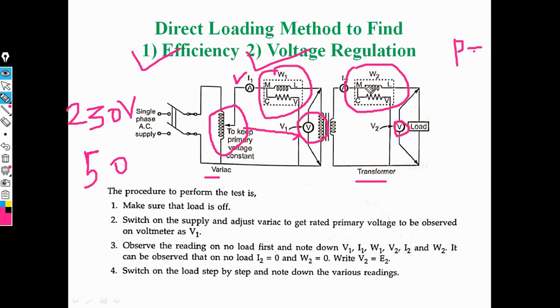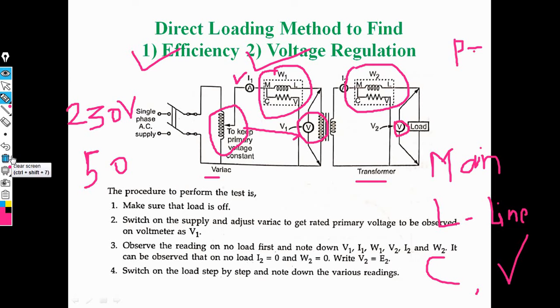Okay, now M indicates main supply, then L indicates line. Then C indicates current and V indicates voltage. These are the important four parameters of a wattmeter, called MLCV. Now in this direct loading method we need six parameters.